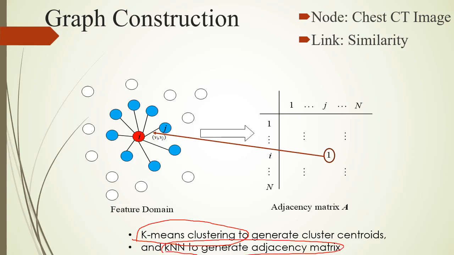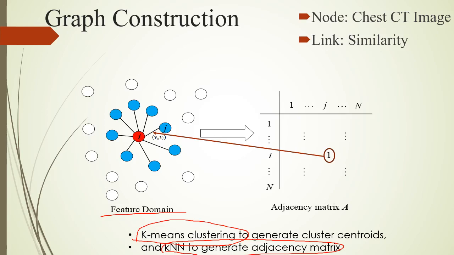Here on the left, we choose the feature domains, where each node represents a test image. We use the cosine distance to calculate the distances among every 2 images, which means every 2 nodes.